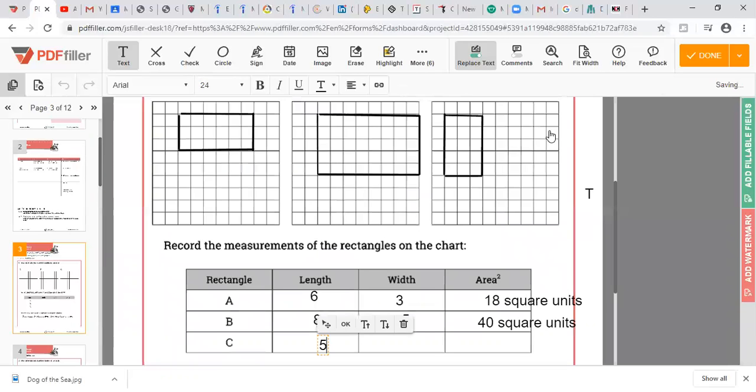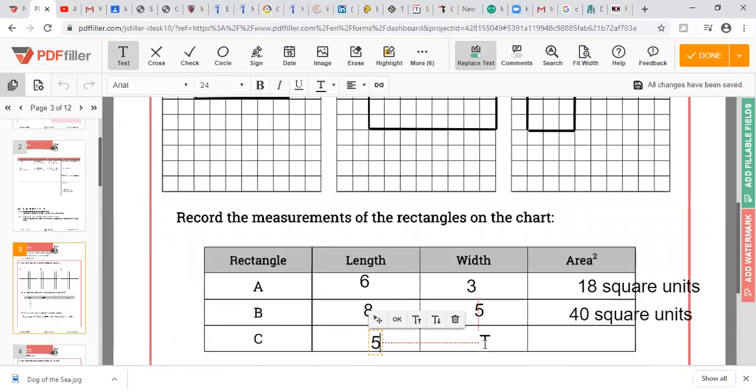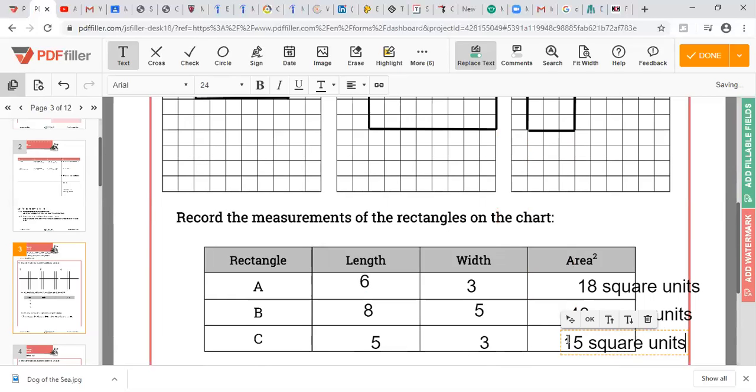Okay, my width, 1, 2, 3. So my area is, sorry, I did the multiplication already. My area is going to be 15 square units.